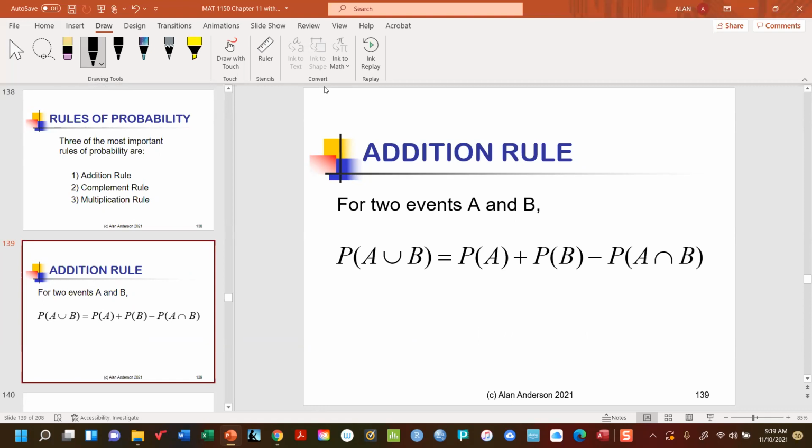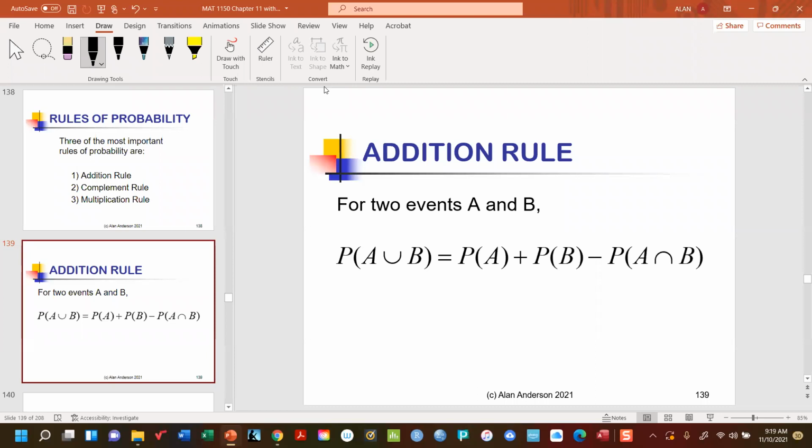It's formally defined as the probability of A plus the probability of B, but then we have to subtract the probability of A and B. Now you're probably thinking, well, that doesn't make any sense. Why don't we just add up the probabilities of A and B? Well, there's a good reason for that. I'm going to show it to you with our friend, the Venn diagram, and you'll see why this is so useful.